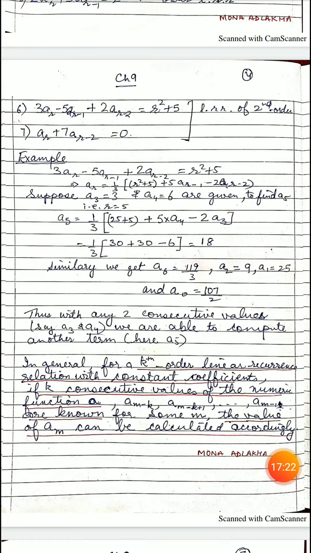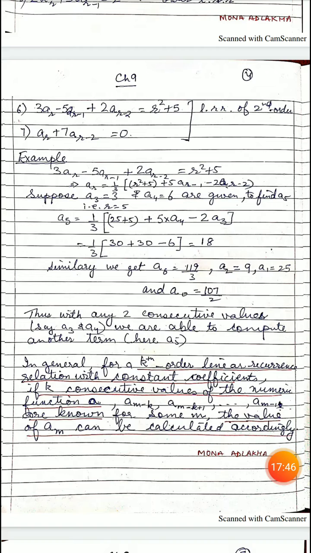So in general, for a kth order linear recurrence relation with constant coefficients, if k consecutive values of the numeric function are known, then the value of a_m can be calculated accordingly.